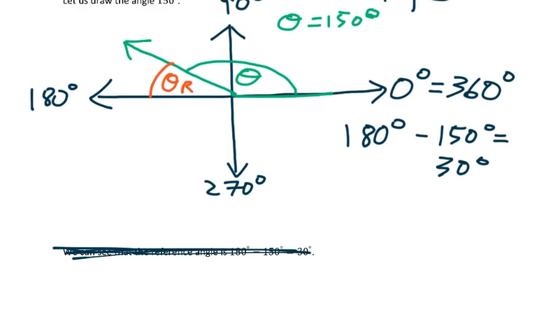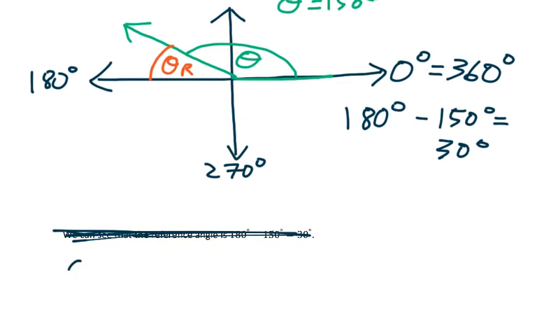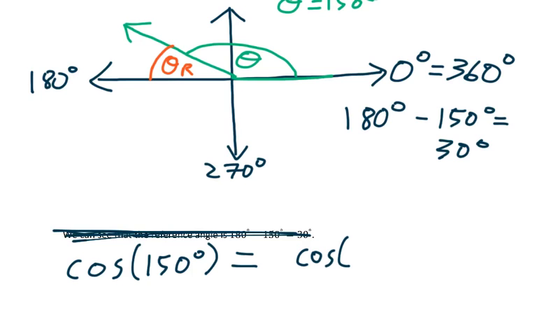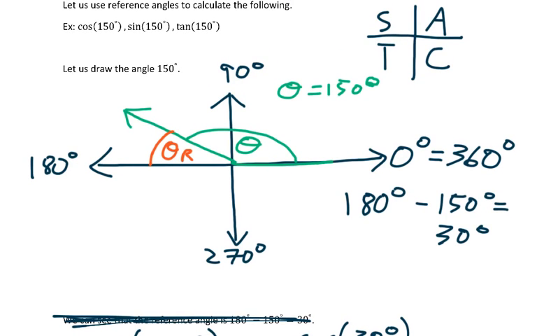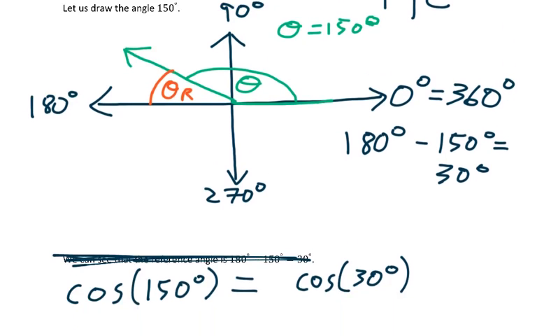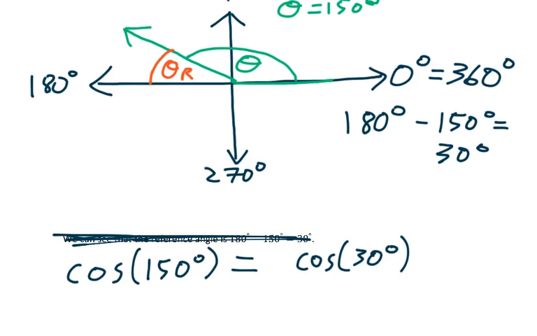Okay, so what does that tell us? That tells us a few things. For one, cosine of 150 degrees is going to be cosine of 30 degrees. But since we're in quadrant 2, the only trig function that's positive is sine. Tangent and cosine are negative. So we have to put a negative in front, because cosine has to be negative.